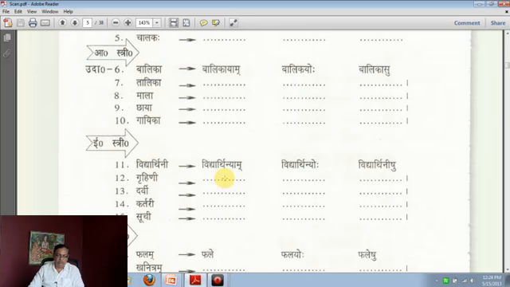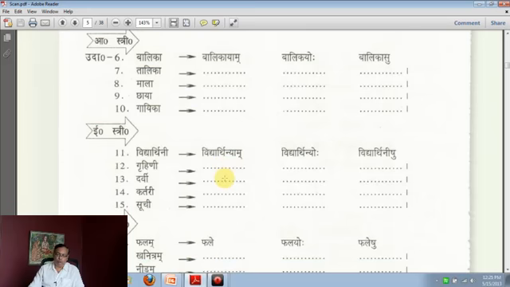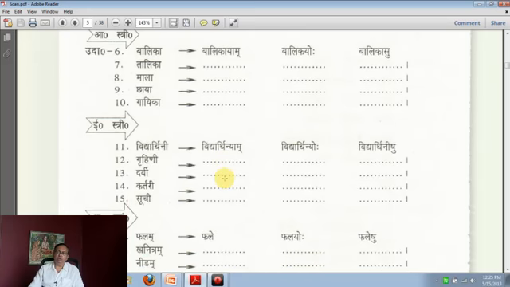Gruhini, another. Now what is Vidyarthini? A girl student. Gruhini. Gruhinyam. Gruhinyoho. Gruhinishu. Gruhini is a householder, housewife. 13. Darvi. Darvyam. Darvyoho.